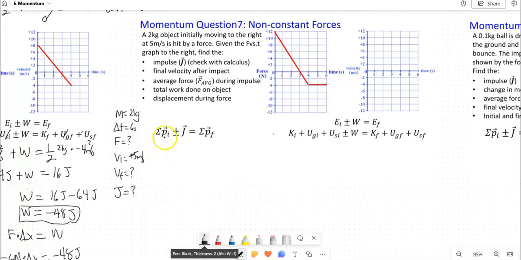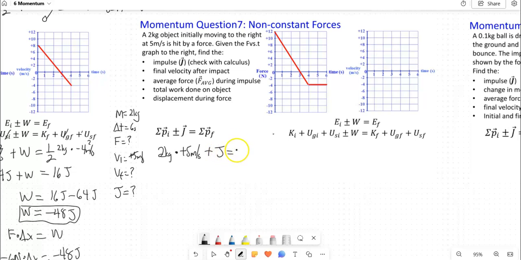We have the initial momentum, which is going to be 2 kilograms times positive 5 meters per second, plus impulse, which is a non-constant value. So since it's changing, we can't use force times delta t. We can compute the average force later on, but we can't right now.